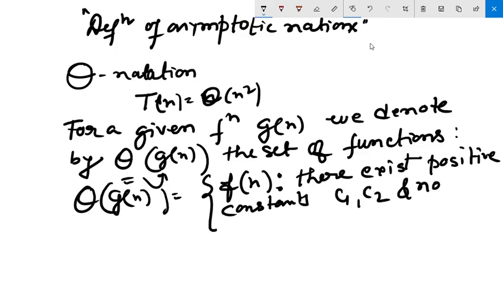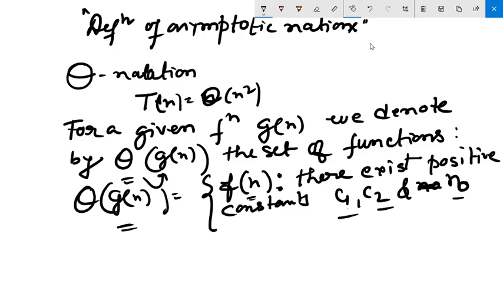That means three constants are there. So we are going to represent this Fn. So theta gn is represented in terms of Fn. How can Fn be explained? Fn can be represented in terms of three constants which are nothing but C1, C2 and N0.